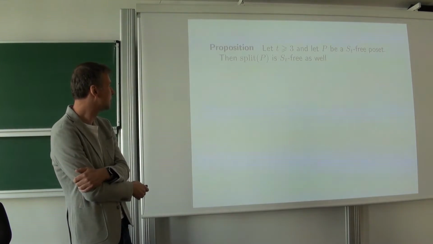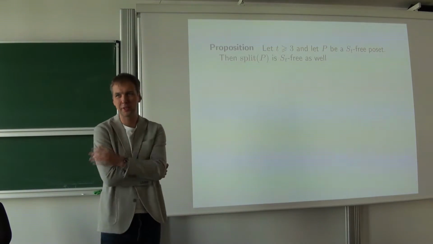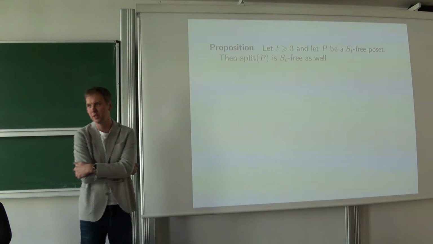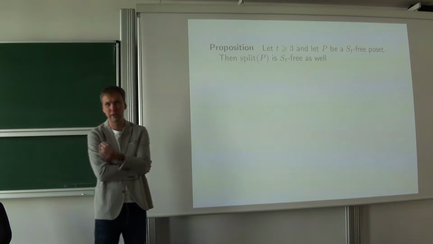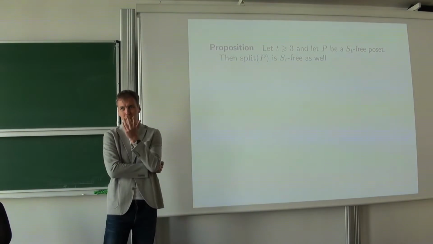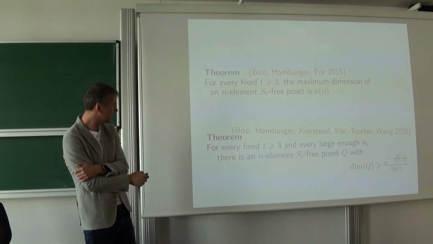Now we need this little proposition on top of this exercise, which basically says that the standard example number stays. In order to do that, I need to assume that we are working at least with standard examples of size 3. And if you didn't notice, our theorem is also stated for standard examples of size 3.